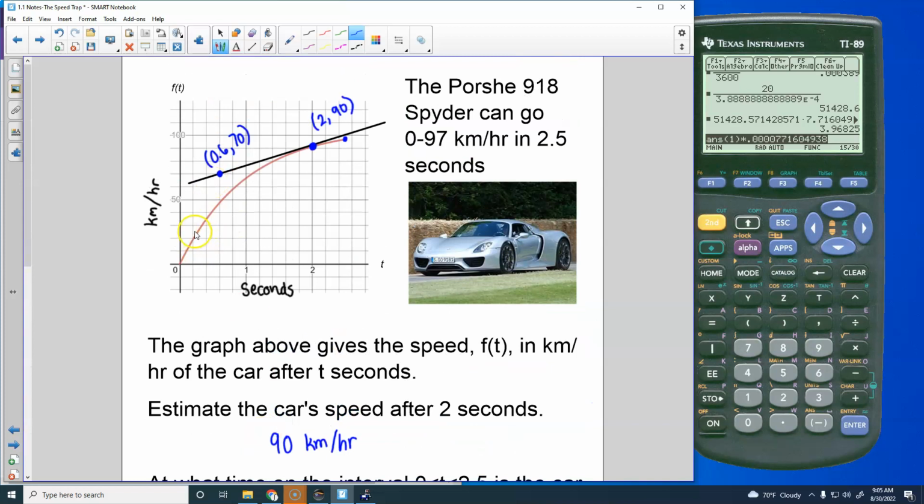So I would probably use this little segment right here, tangent line somewhere in here. So obviously this is 0, 0. That makes it easy to figure. And then here we've got 0.2 and 20.